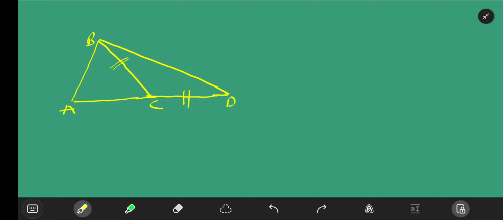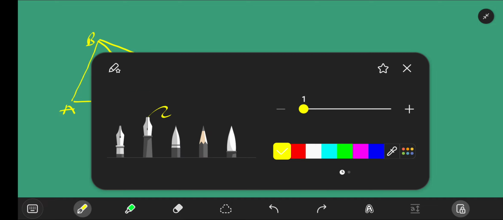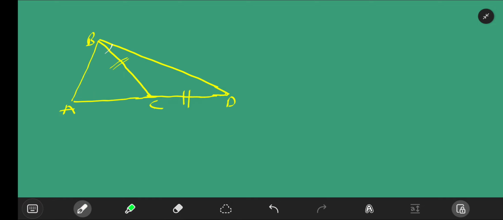And I said in an isosceles triangle, two sides are equal and two angles also equal. These angles are equal. Yes or no? Now they are giving this angle C as 70 degrees and asking for the Y value and X value.